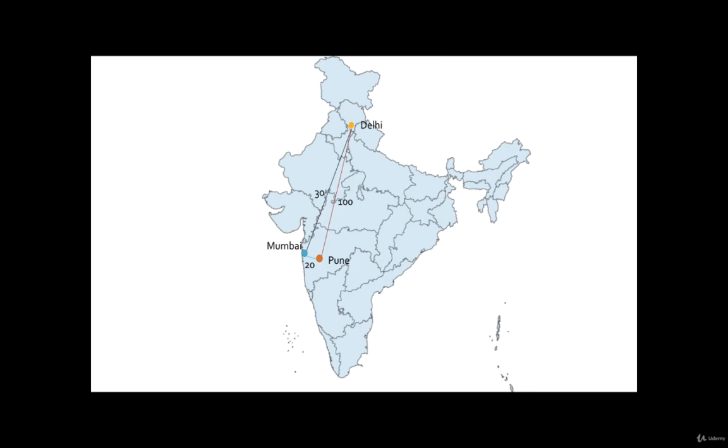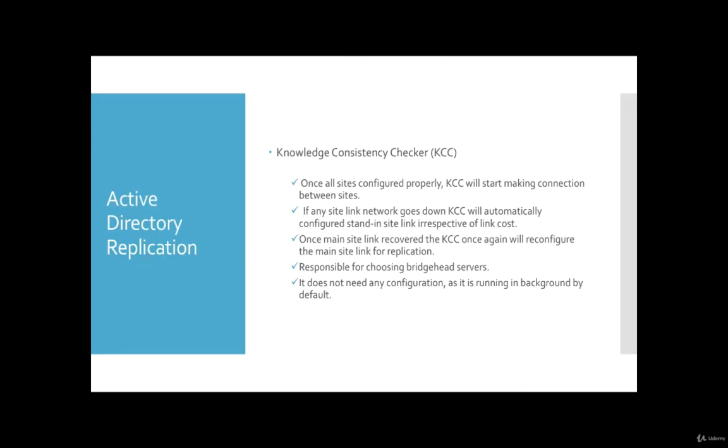SMTP doesn't support file replication, while IP supports everything that Active Directory requires for replication changes. So now, last but not least, we'll cover the Knowledge Consistency Checker, in short KCC. Once all sites are configured properly, KCC will start making connections between sites automatically.